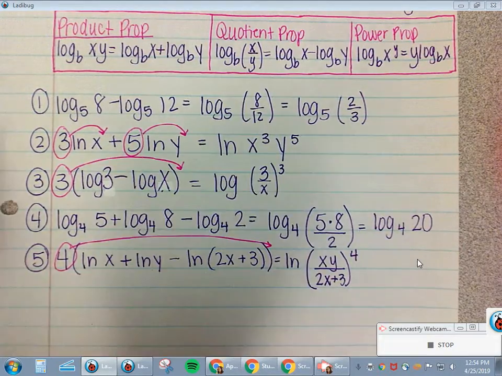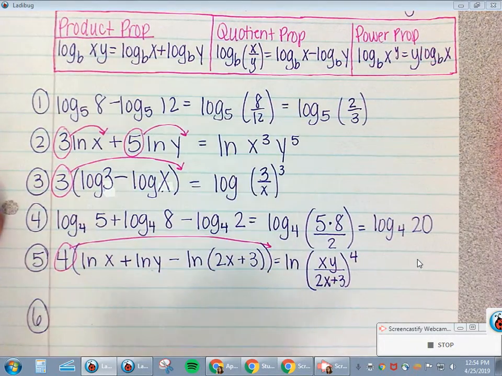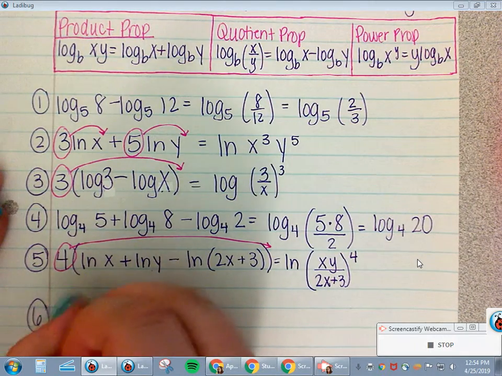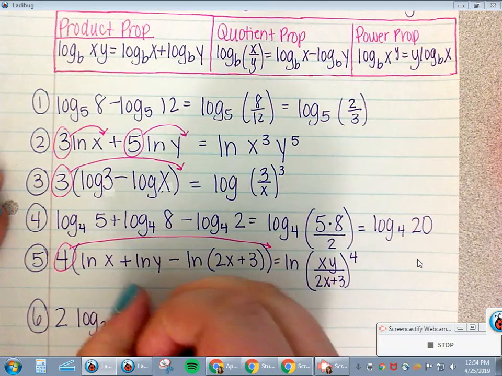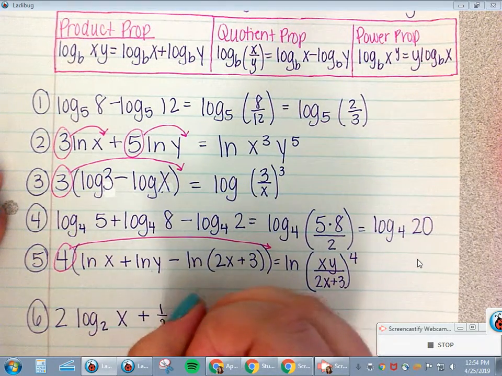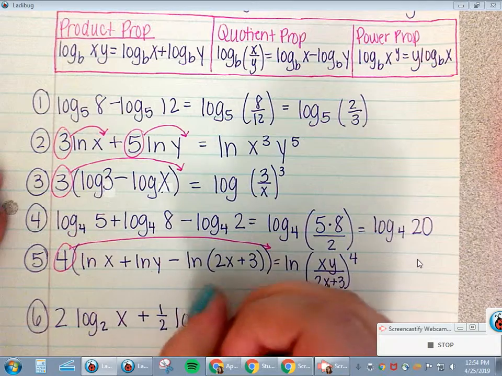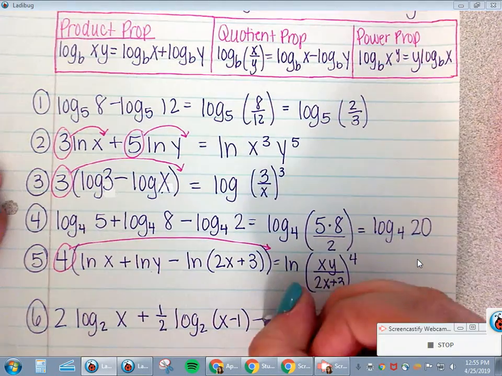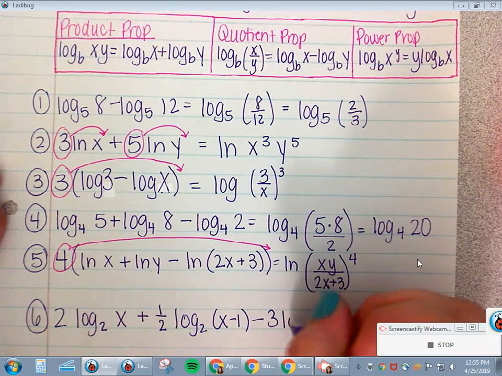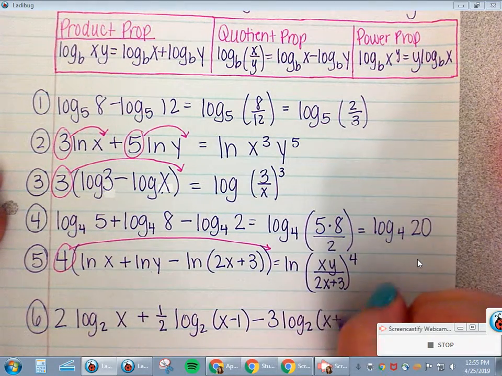Let's do number 6. We'll try one with a square root in it. So 2 log base 2 of x plus 1/2 log base 2 of x minus 1 minus 3 log base 2 of x plus 3.